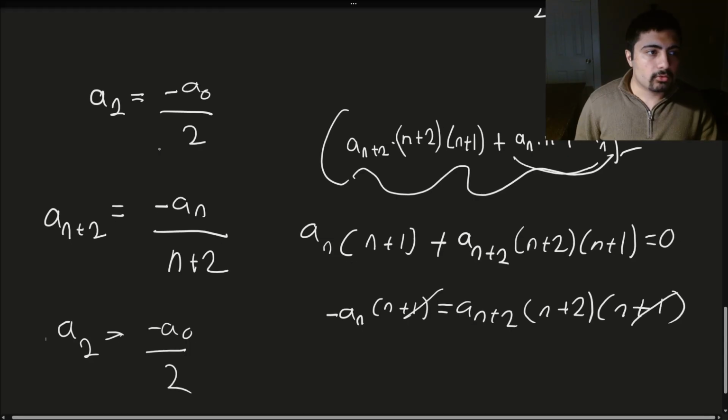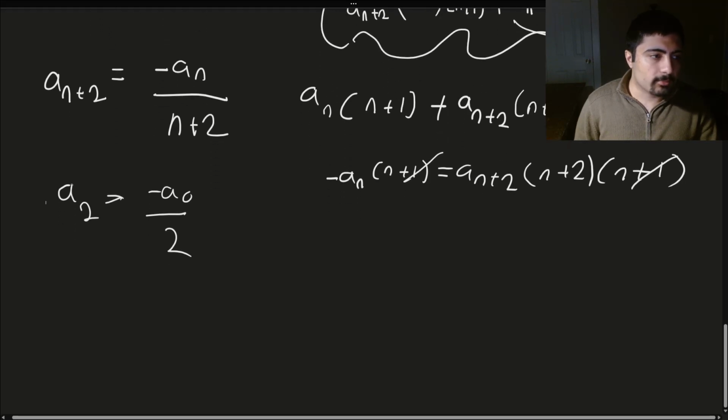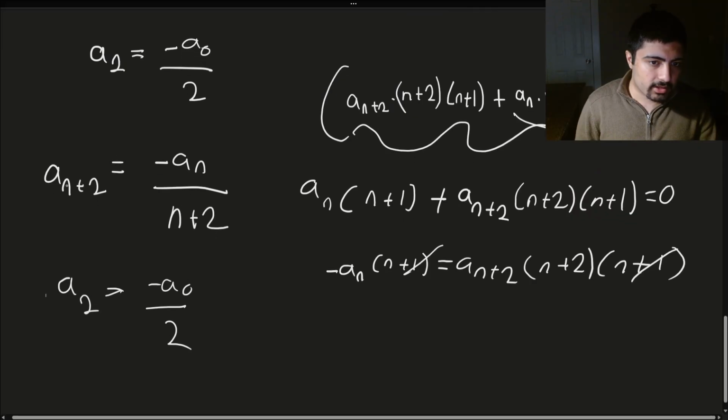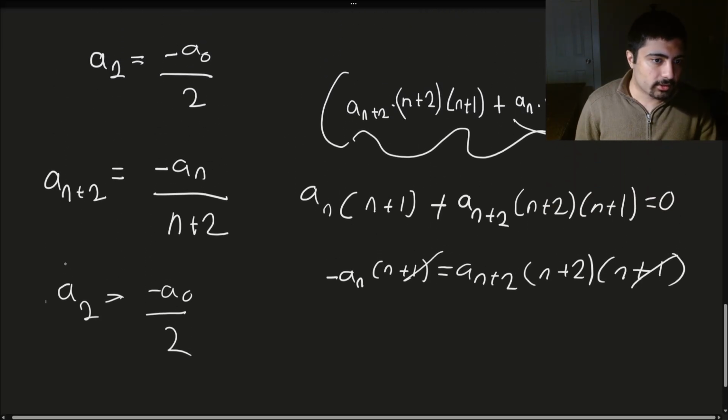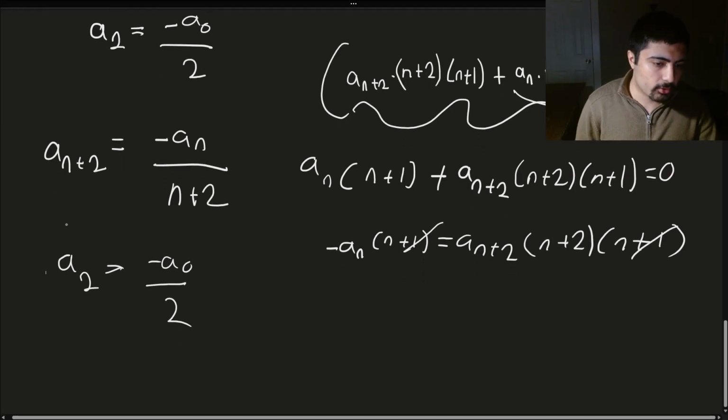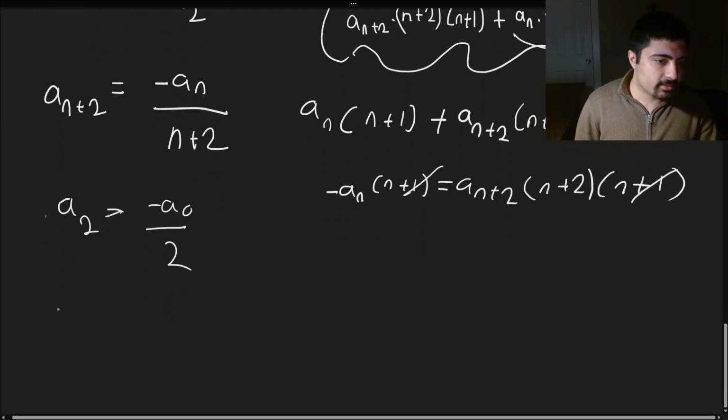So what you want to do is build a few terms here, using this formula we just generated. So I'm going to build a few terms. We cannot start with negative 1 because we would have a sub negative 1 there, so we can just keep going from 3.